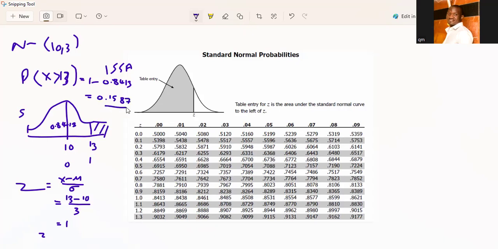So this is how we do our regions. Okay. Any questions?